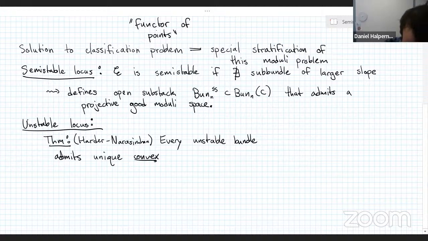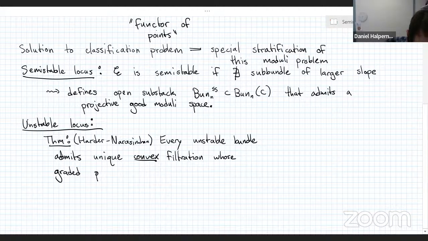I'll explain. These graded pieces are semistable.